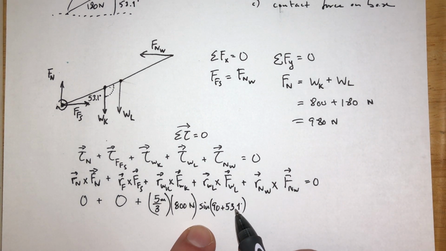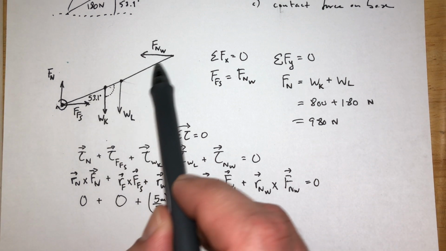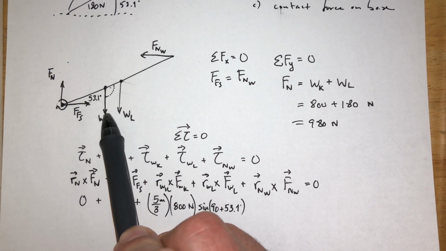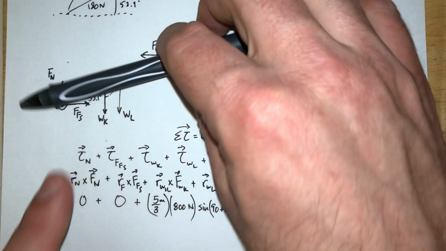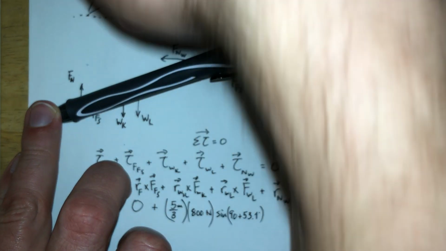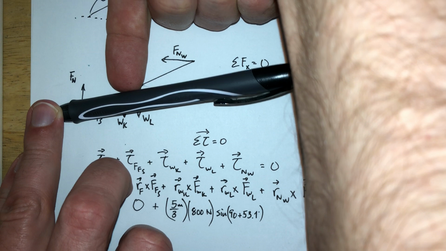Now, this force, if it were to cause the ladder to rotate. Again, let's fix the point at the end and push down like the weight of the knight would do.